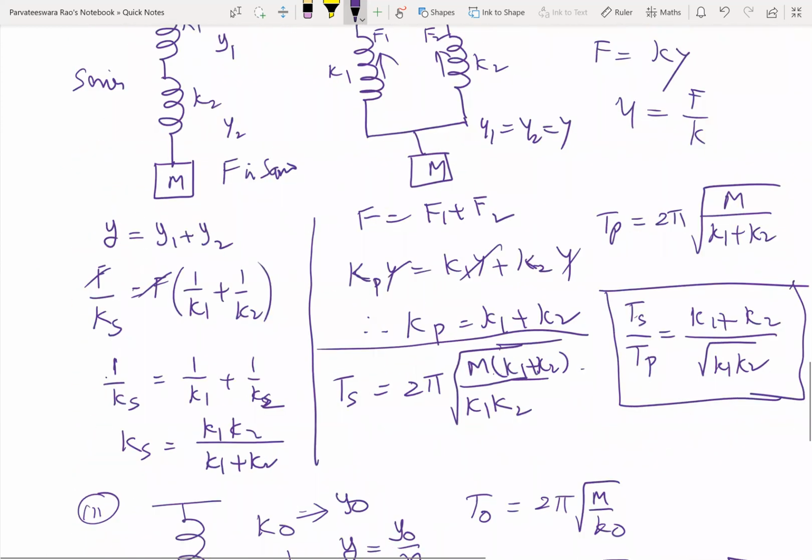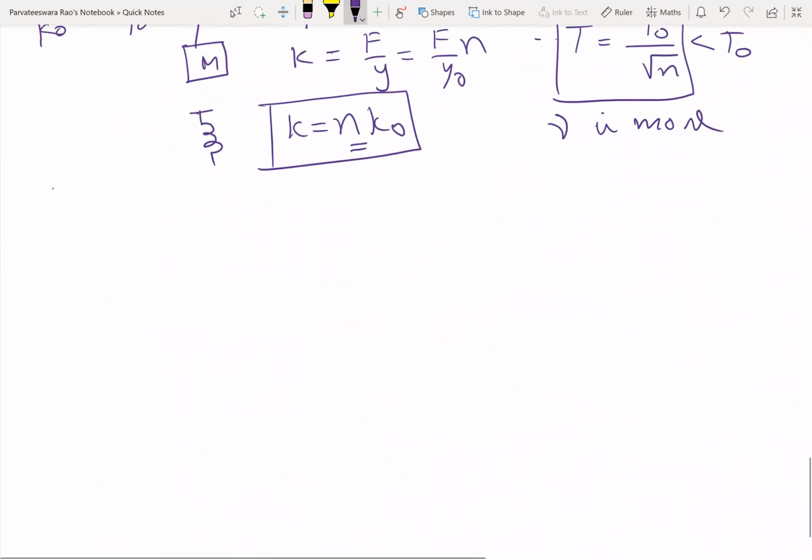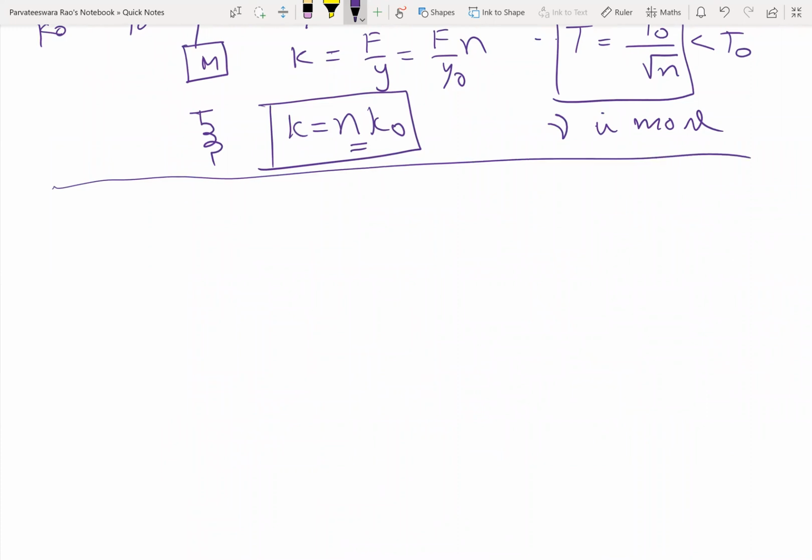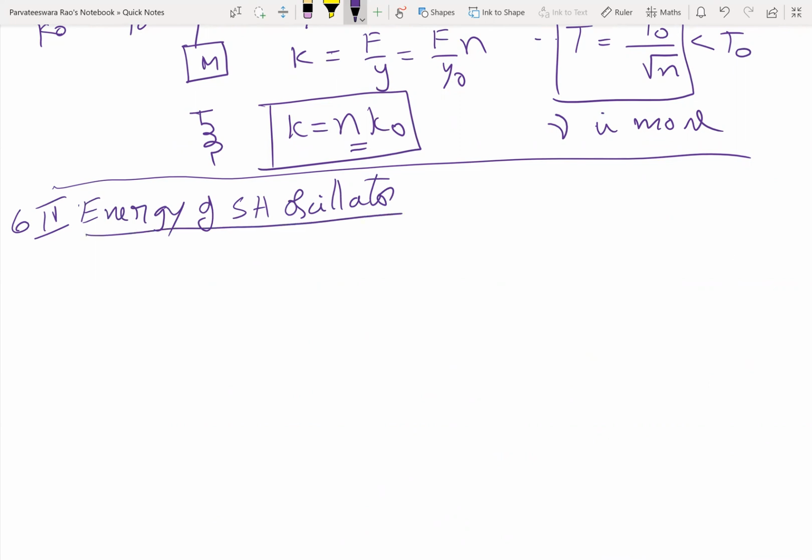Then, energy of a simple harmonic oscillator. This is the pendulum, or this is the simple harmonic oscillator, anything you can take.